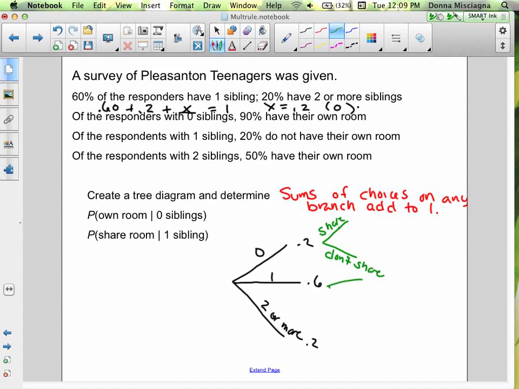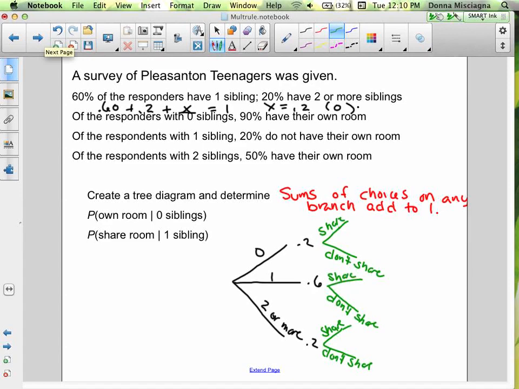Every one of these original branches gets divided into share and don't share, and these two branches added together have to be 1, because that's really all the choices you have. Either you share a room or you don't.